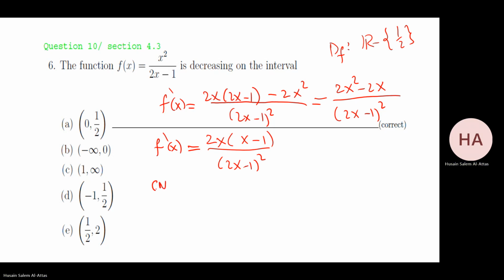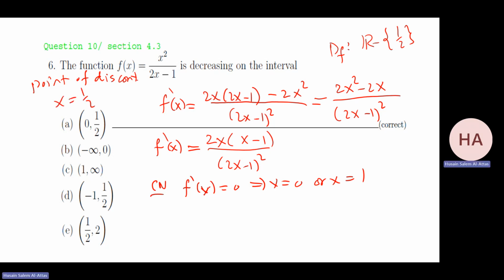Critical numbers, I have f prime equals 0. That gives me x equals 0 or x equals 1. By the way, what is the point of discontinuity? x equal half. Very clear. Okay. So I'll put this one: I have 0, half, and 1.